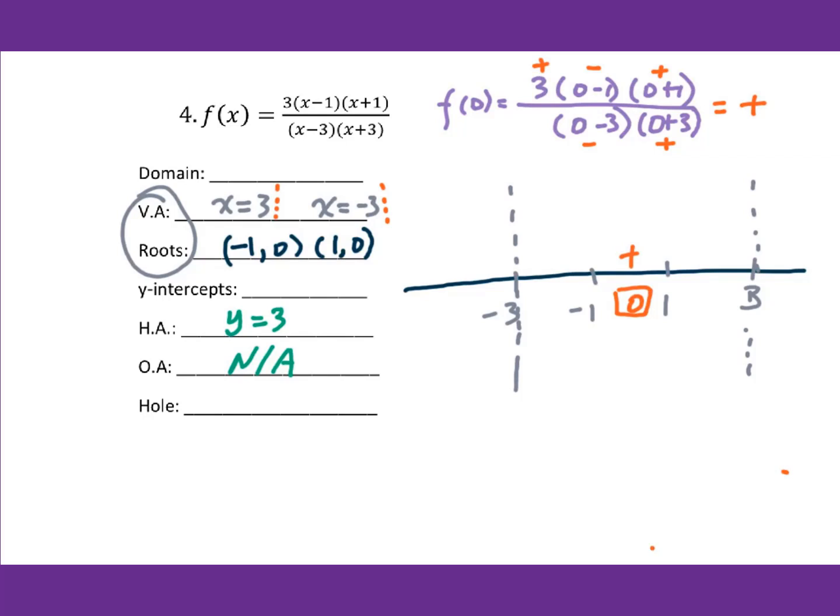Since all of these are single factor, we change the sign like this. Let's make a big dot for zeros now. Let's sketch the horizontal asymptote line. Y equals 3 means above this number line. You will get this one.